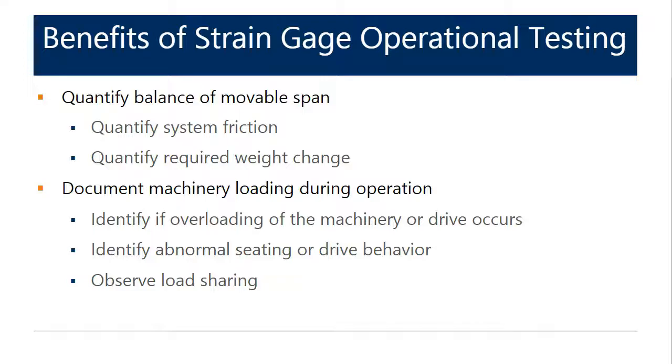But the other benefit of strain gauge balance testing, which we have touched upon here, is to document machinery loading during operation. You can identify if overloading of your machinery or drive is occurring. You can identify any abnormal seating or drive behavior, and you can observe side-to-side load sharing.